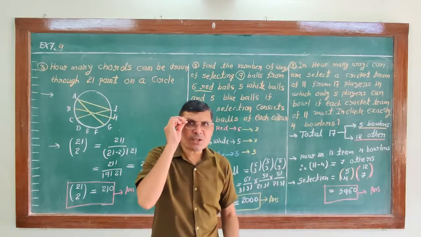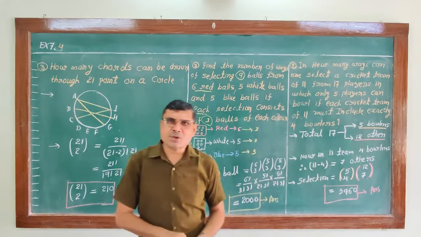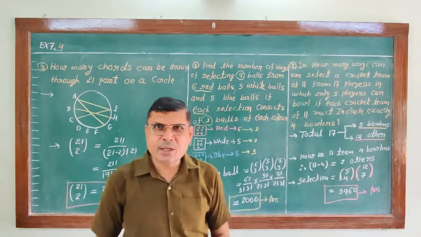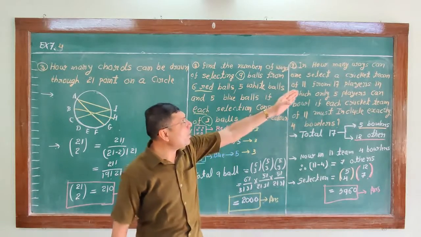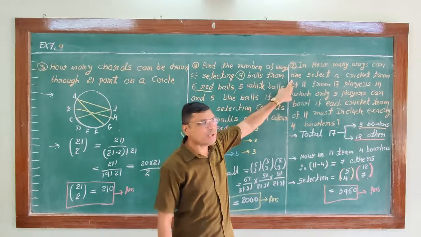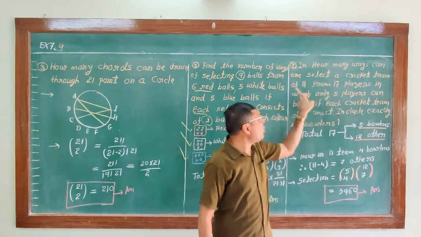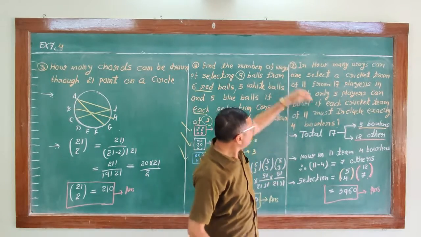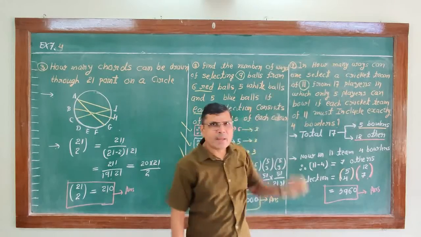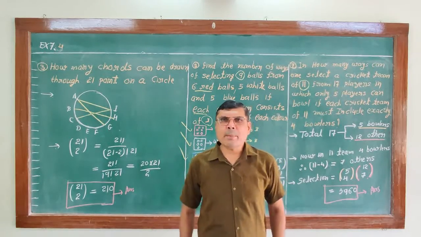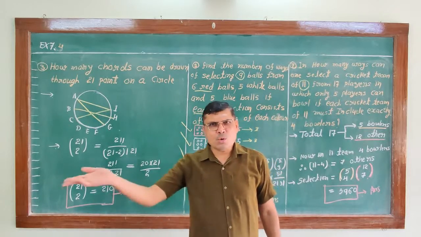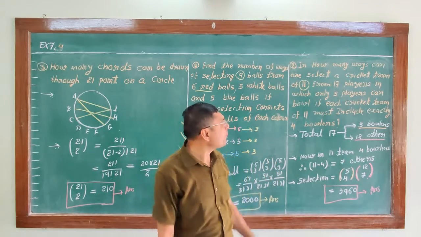Next is very interesting. Since IPL is going on just now, you will find this more interesting. Question number 7: in how many ways can one select a cricket team of 11? You know that there are 11 members in a cricket team. We are not talking about the 12th man, I am talking about all the players on the ground.